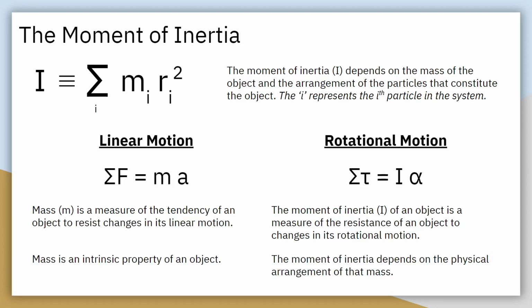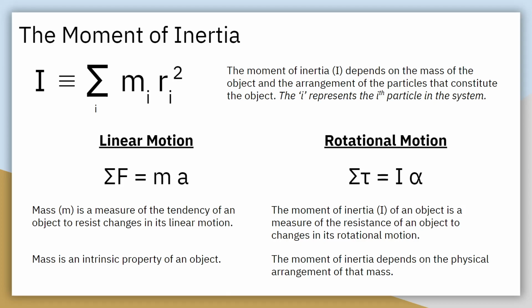Now, the reason why we typically see Newton's second law written in its linear format is because mass is an intrinsic property of an object, whereas the moment of inertia depends on both the amount of mass the system has as well as the physical arrangement of the mass.